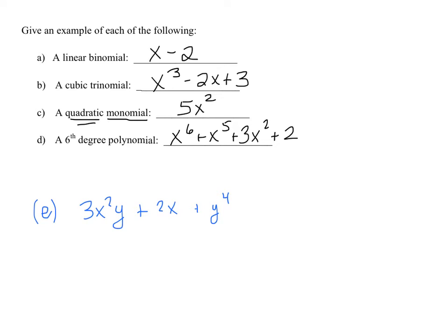When you have a polynomial like this, and you got 3 monomials and they all have different exponents and variables, what you're going to do is add your exponents. So the first term's degree 3, second term's degree 1, third term's degree 4. Find the highest one, and that polynomial then is a degree 4 polynomial.